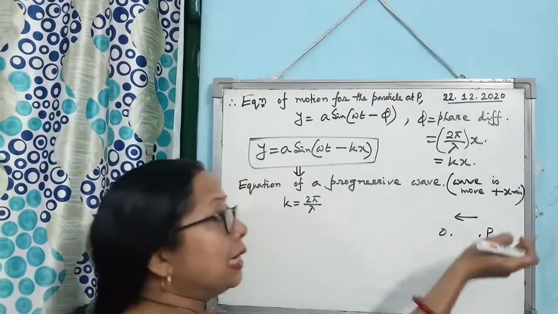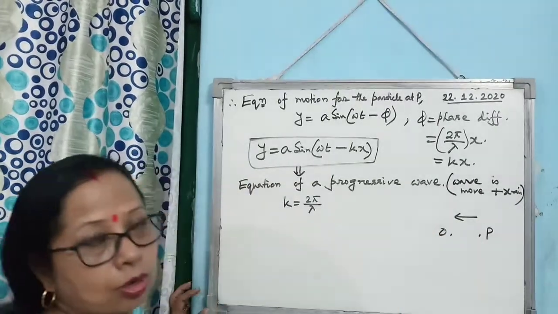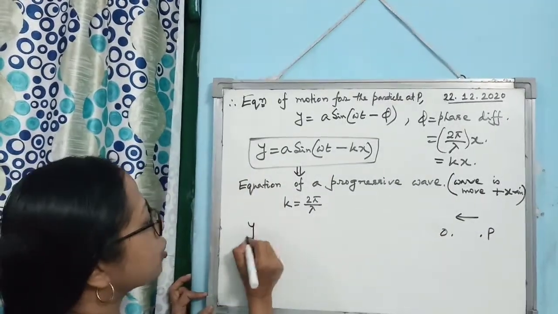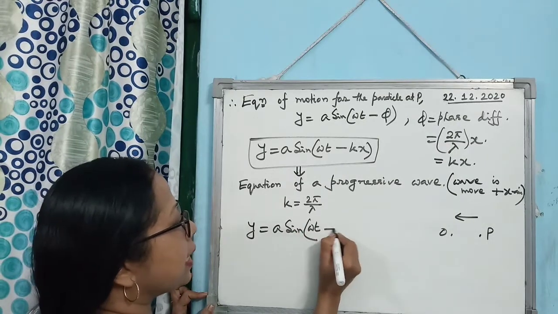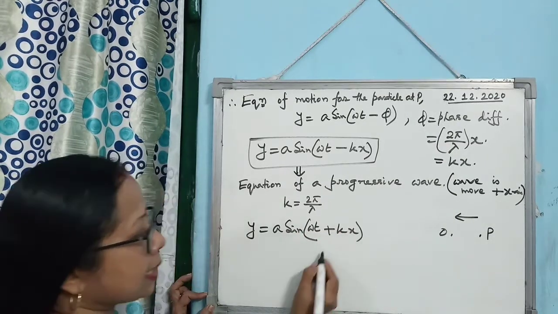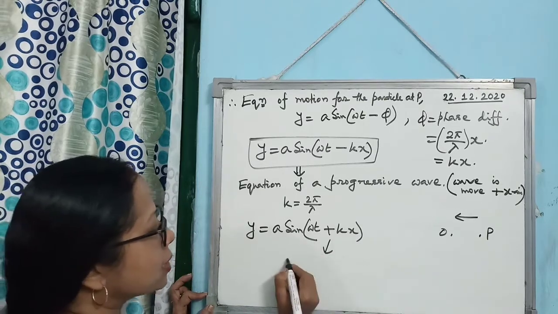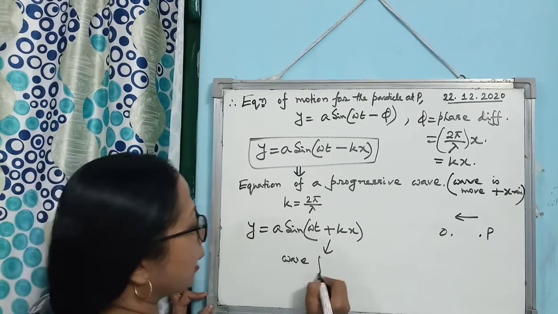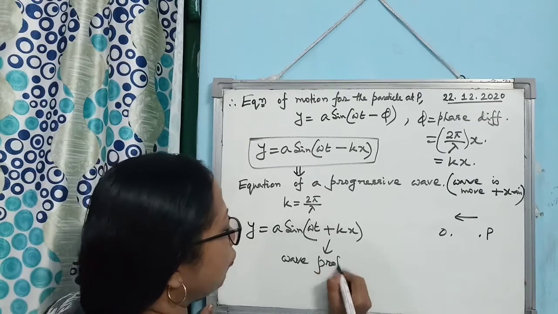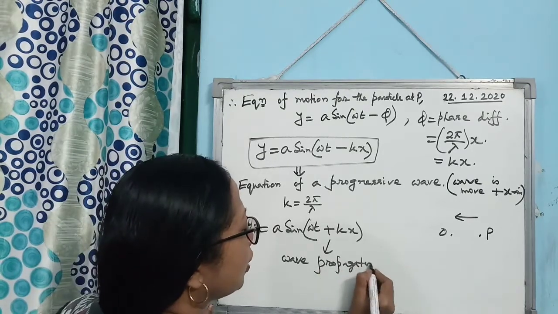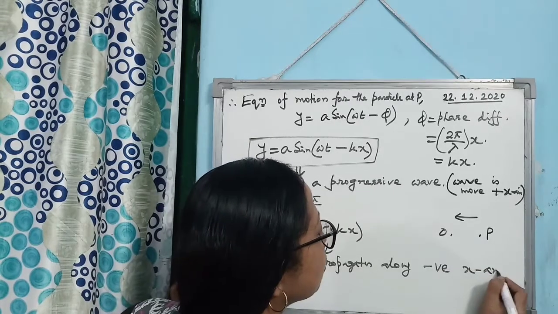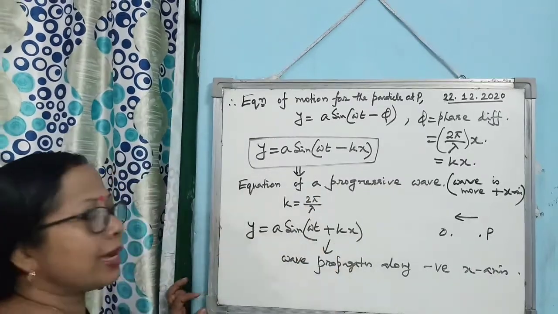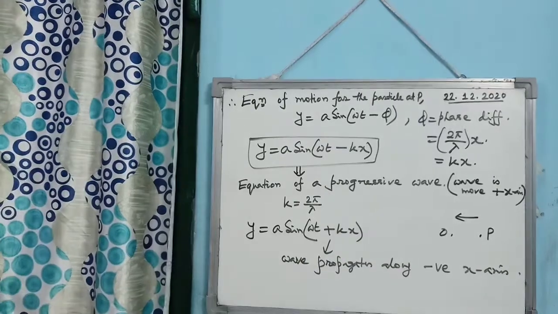So P will lead O in phase. In that case, the equation of motion will be A sine omega t plus kx. So it will be plus when the wave propagates or moves along the negative x-axis: y is equal to A sine omega t plus kx.